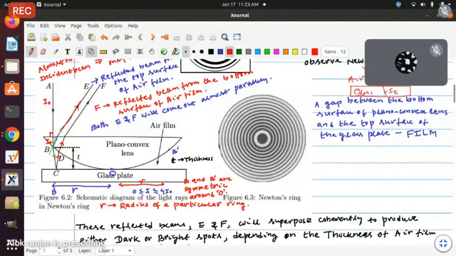So it is a three-dimensional picture. If you go in any direction on a plane whose normal is perpendicular to the plane glass surface, what we find is that the gap between the bottom surface of the plano-convex lens and the top surface of the glass plate will increase.